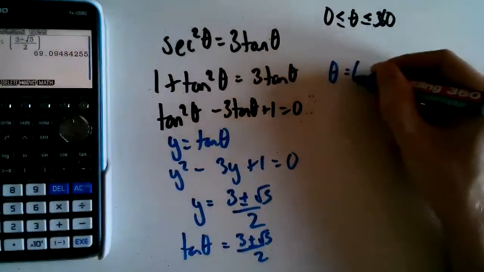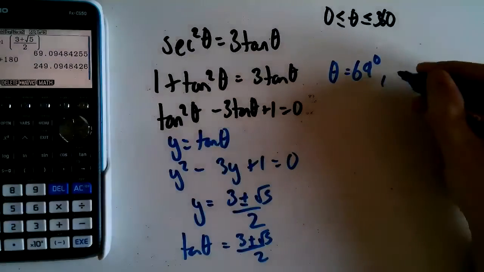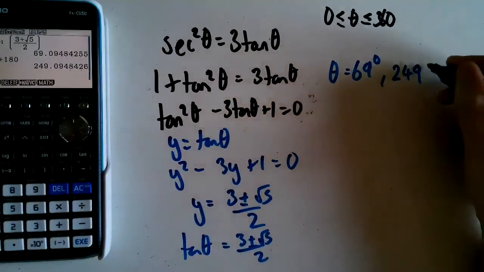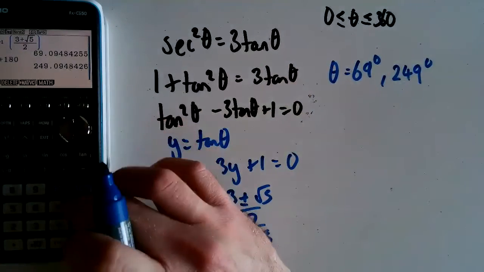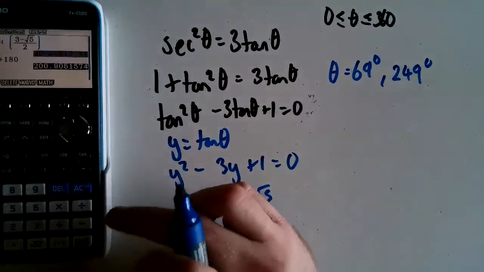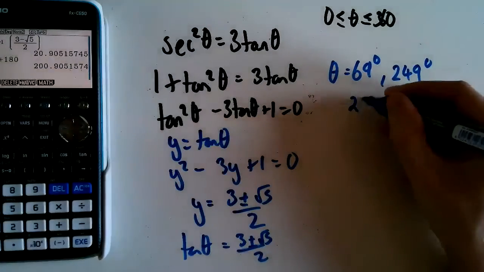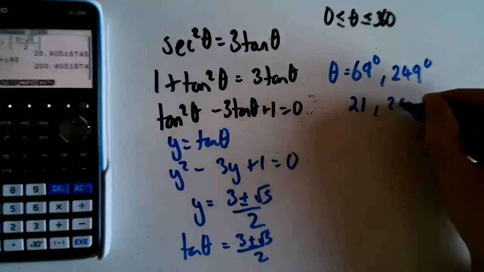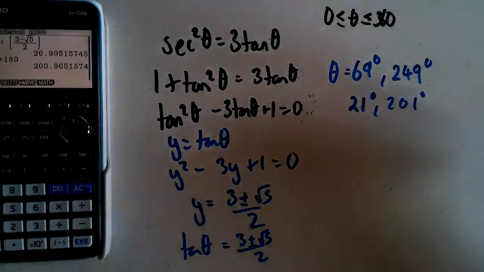So we have 69, and add 180 to that, because that's the rule for tan. Then instead of typing it all in again, I'm just going to go back to my original, change that to a minus. And since I've used the answer button, that second one automatically changes for me. So I get 21 and 201 degrees. So there's my four answers. And remember, you can use solver to check.